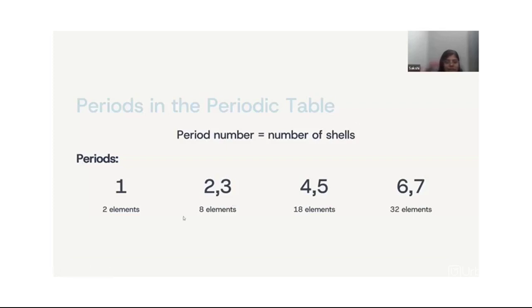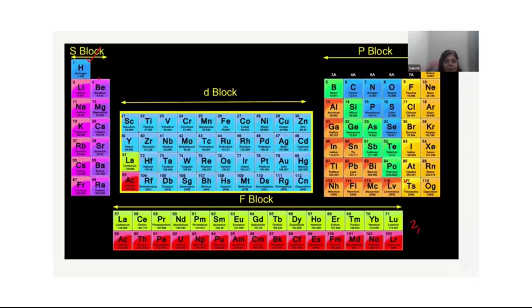Since there are 7 periods and each period has a different number of elements, let us understand. The first period has only 2 elements. The second period has 8 elements. The third period also 8. The fourth and fifth periods have 18 elements.